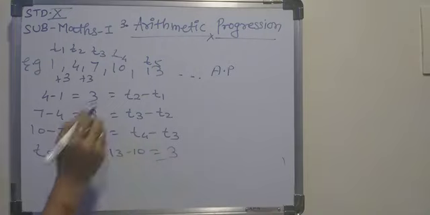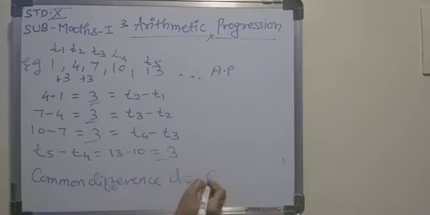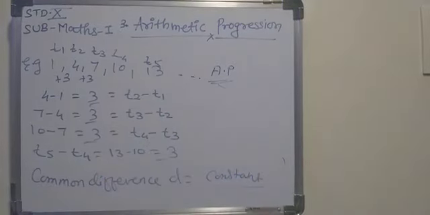So you are getting 3 as a common difference. The common difference is represented by D, and it should be constant. Then you call the sequence an AP, arithmetic progression, or say the sequence is in arithmetic progression. Clear?